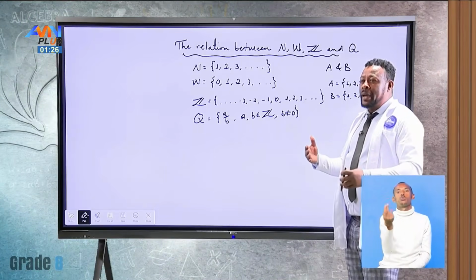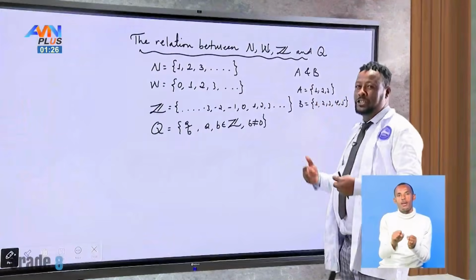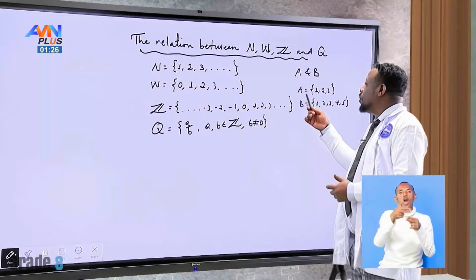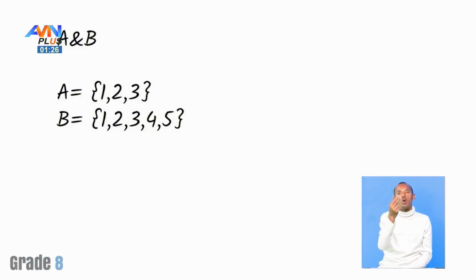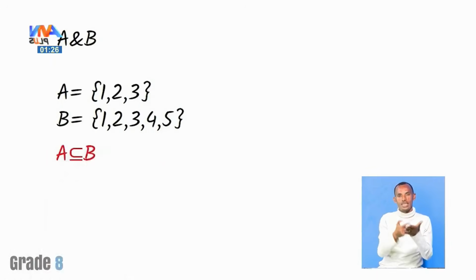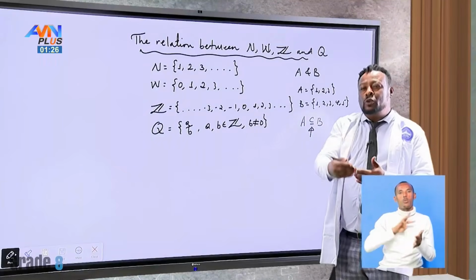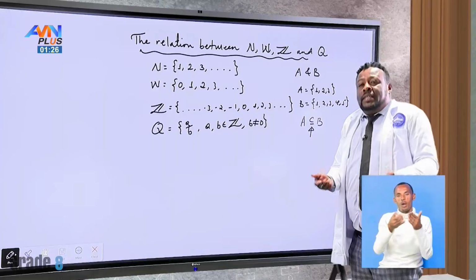If you apply the concept of subset to these two sets, A is called a subset of B, and it is usually denoted by A is the subset of B. This symbol is the symbol we use to represent a subset, right? So what is a subset?